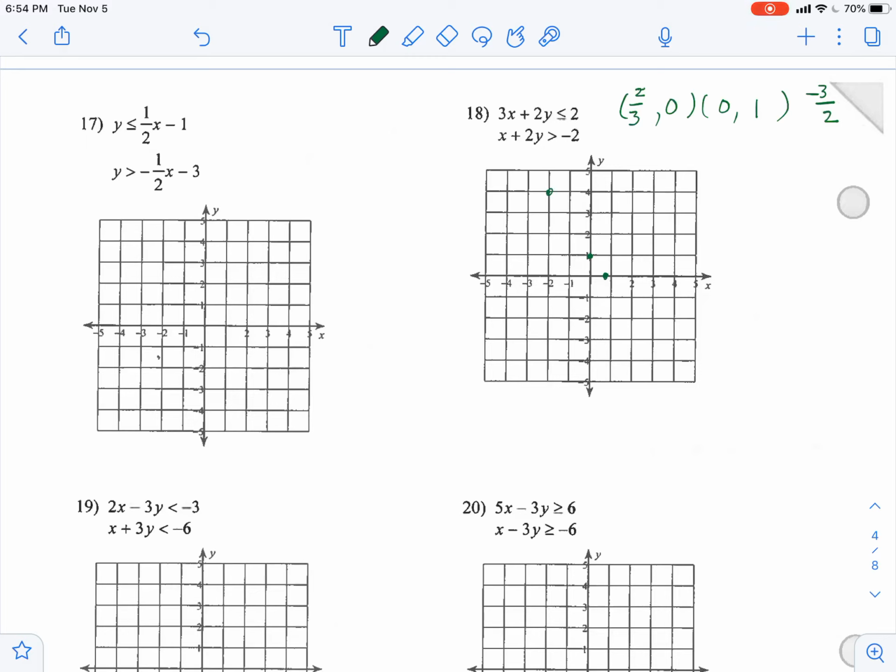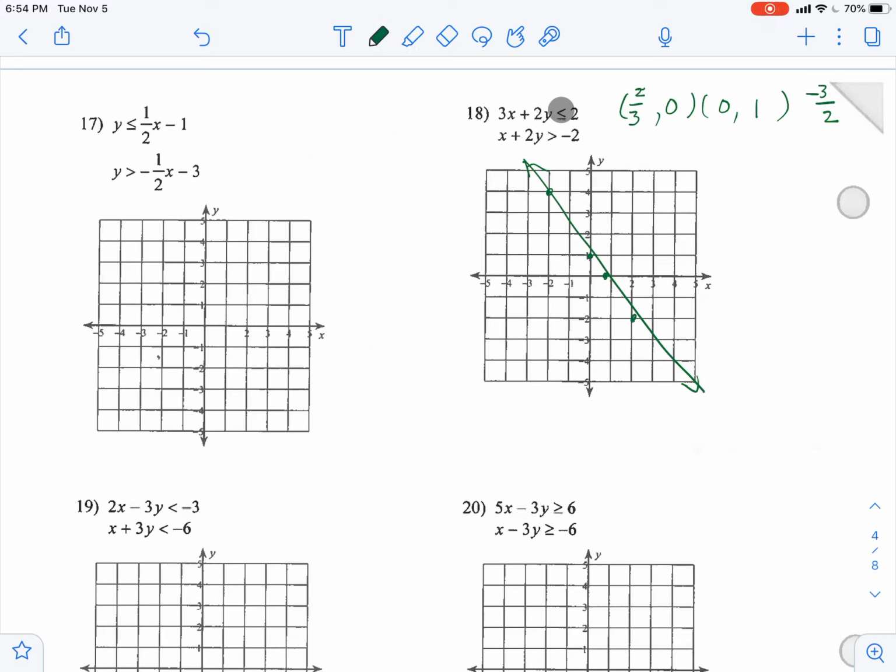And I'm also going to go down 3 and right 2. And so draw my line. And I guess I should have mentioned that this is an equal to, so it's a solid line.